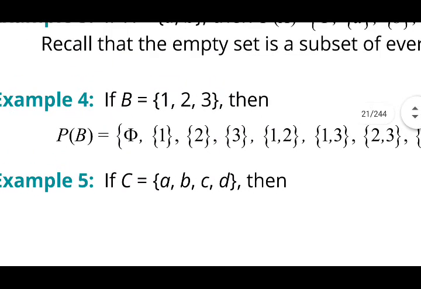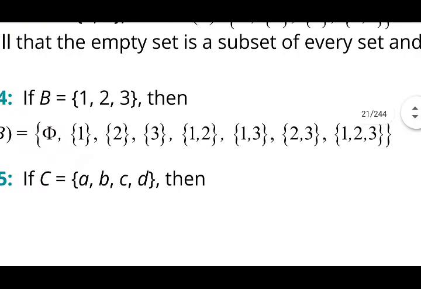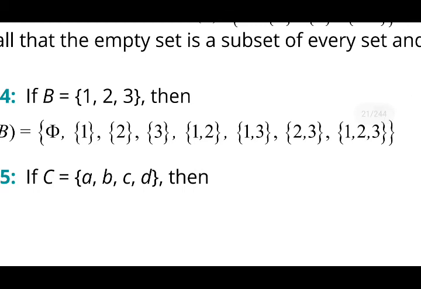Next example, a set containing three elements: 1, 2, 3. We always start with the empty set, then singleton sets 1, 2, 3. Next is the double pairing: 1 2, 1 3, and then 2 3, all pairings.